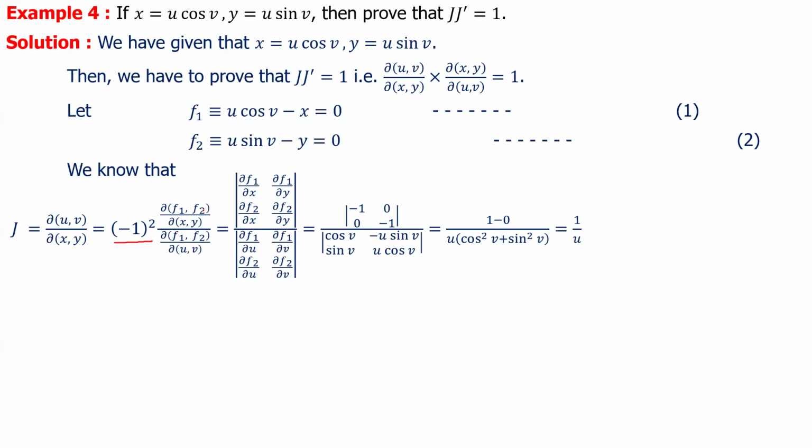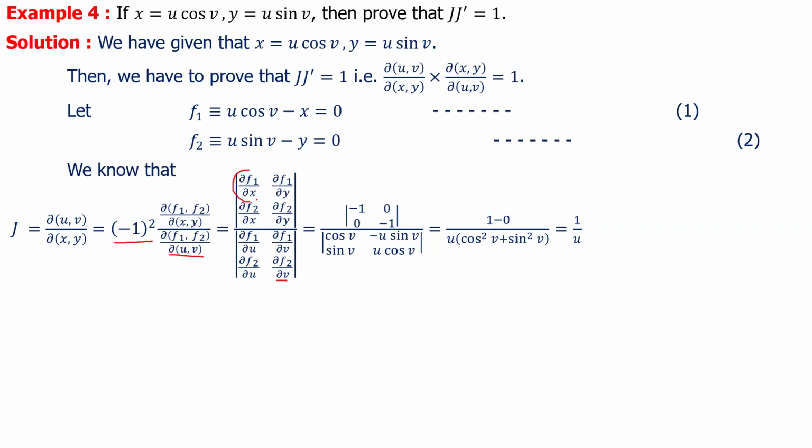And Jacobian of f1, f2 with respect to x, y is the determinant of del f1 del x, del f1 del y, del f2 del x, del f2 del y. Similarly, the Jacobian of f1, f2 with respect to u, v is del f1 del u, del f1 del v, del f2 del u, and del f2 del v.